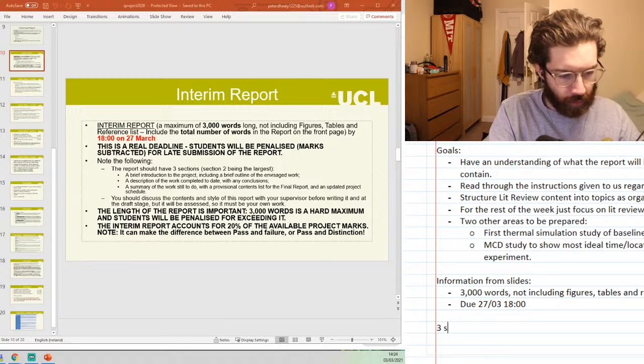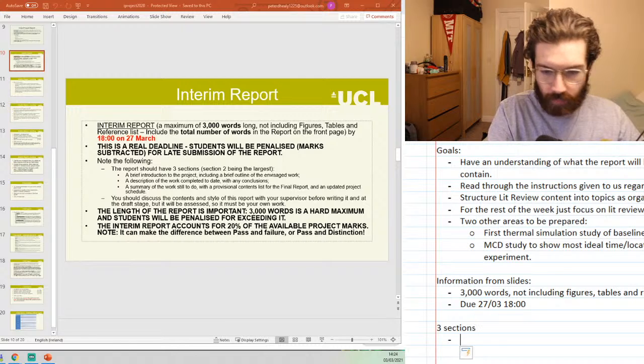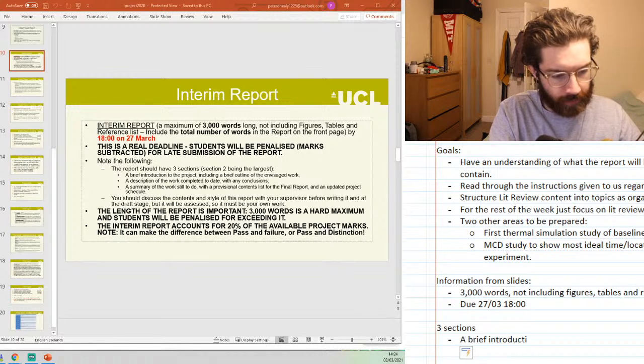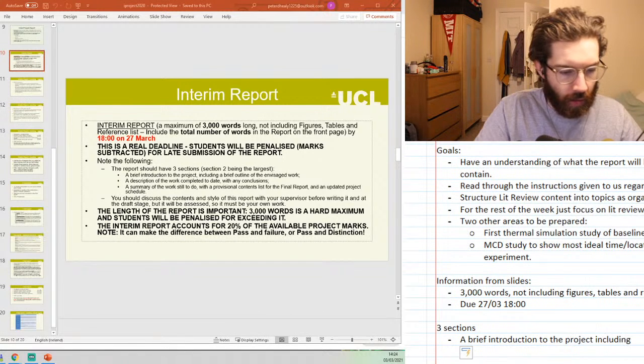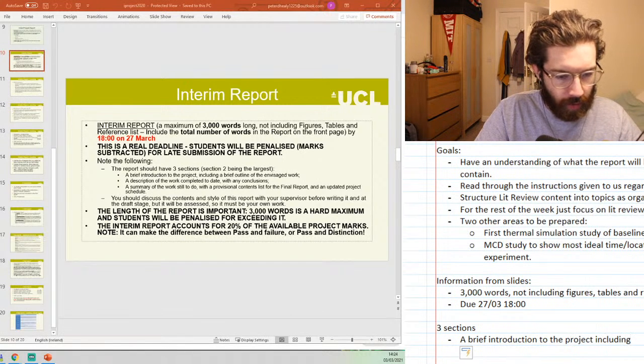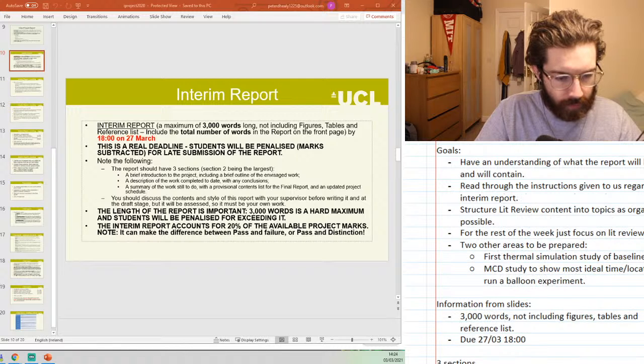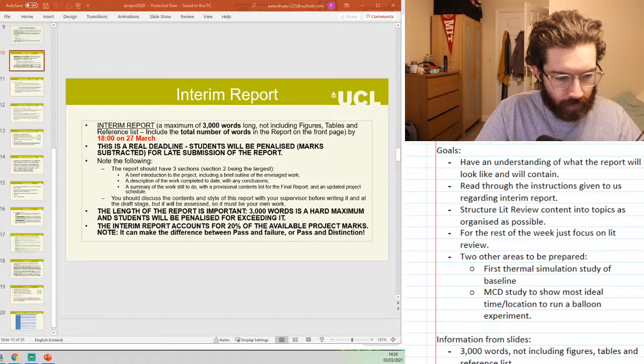Okay, so 3 sections. What are the 3 sections? We have a brief introduction to the project. Oh, I need to make my notes a bit smaller, I think.